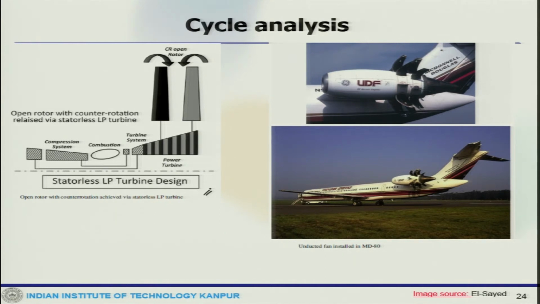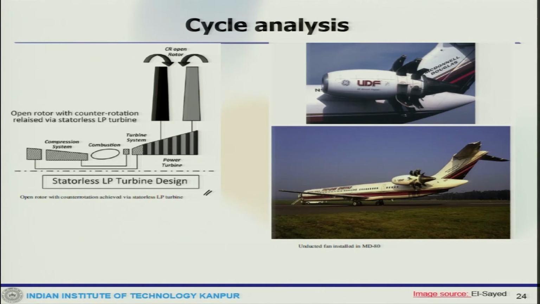Now, the other one which one can see is the unducted fan in the MD80. So, this is another example of that nature. So, the Pratt and Whitney engine one can see.